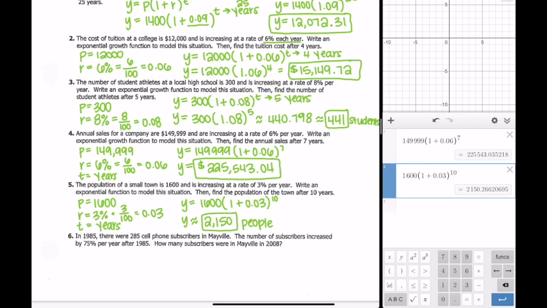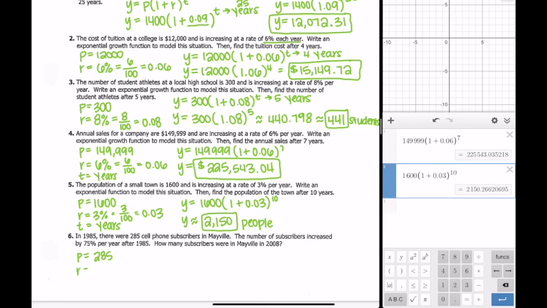In number 6, in 1985, there were 285 cell phone subscribers in Mayville. The number of subscribers increased by 75% per year after 1985. How many subscribers were in Mayville in 2008? So again, we know that our principal value, our initial amount, is 285 subscribers.